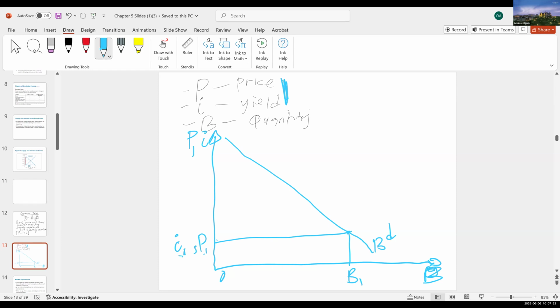This interest rate is very high, because when price is down, interest rate is high. Bond price and bond interest rate move in opposite directions. So as I move up this axis, bond price would be rising, but the bond interest rate would be falling.